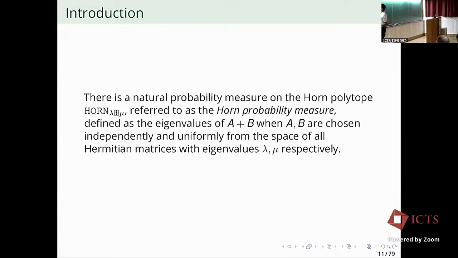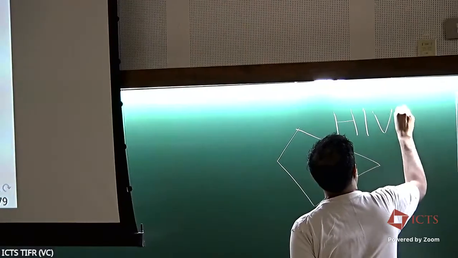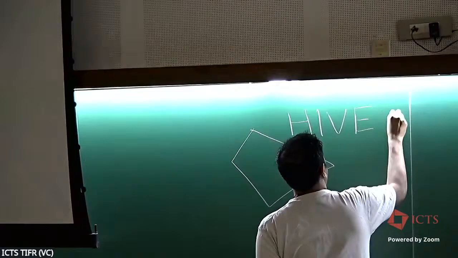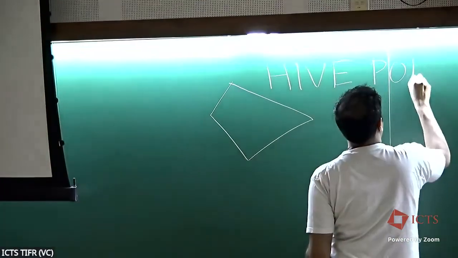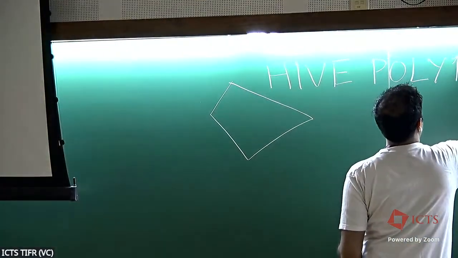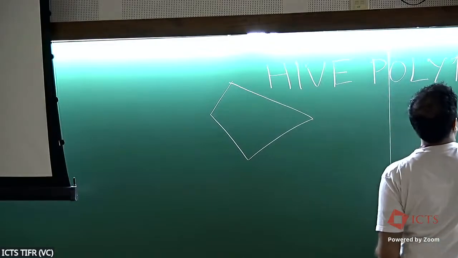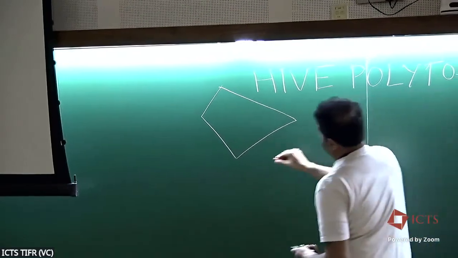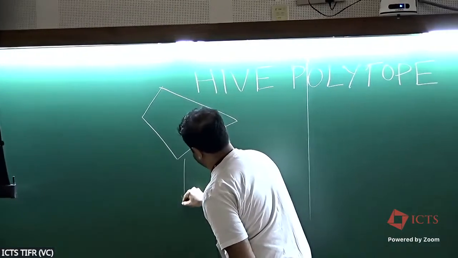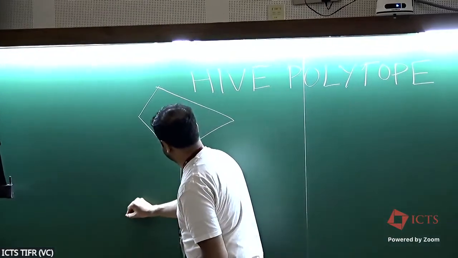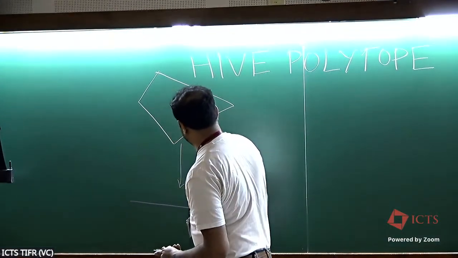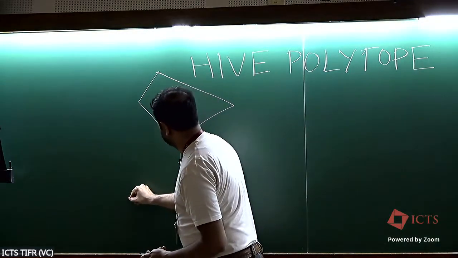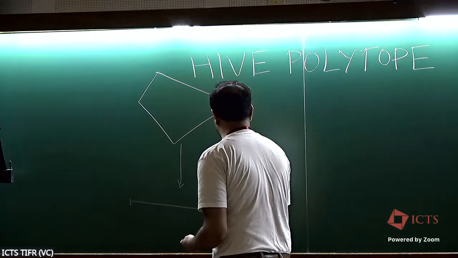So here you have the hive polytope, and then you have this map which basically forgets everything except the third side, and this is the Horn polytope.